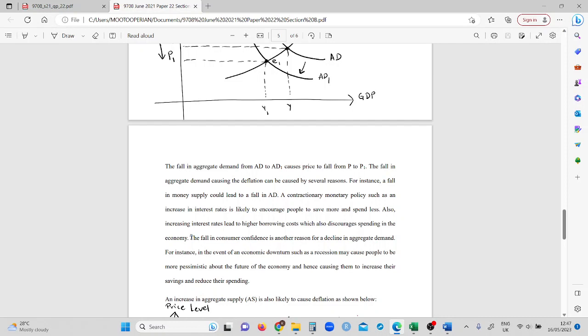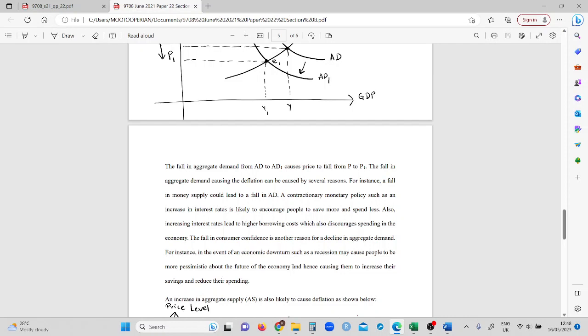Second reason now. The fall in consumer confidence is another reason for a decline in aggregate demand. For instance, in the event of an economic downturn, such as a recession, people may become more pessimistic about the future of the economy. For example, let's take the context of COVID-19, during the pandemic and the lockdown.